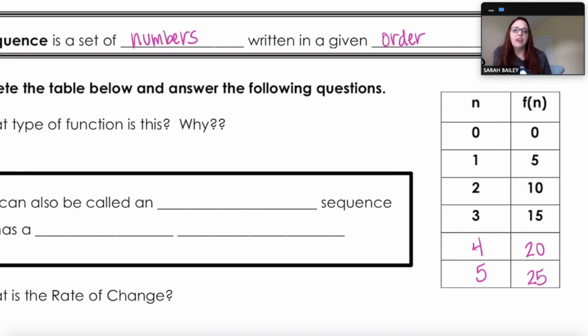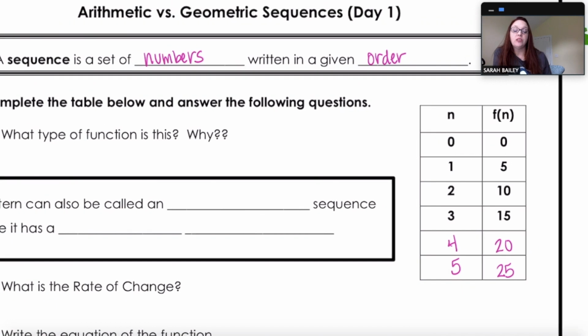So the first thing it's asking is what type of function is this and why? Well, if we want to know what type of function it is, let's look at the pattern and see what we notice. On the n side, each number is going up by 1.